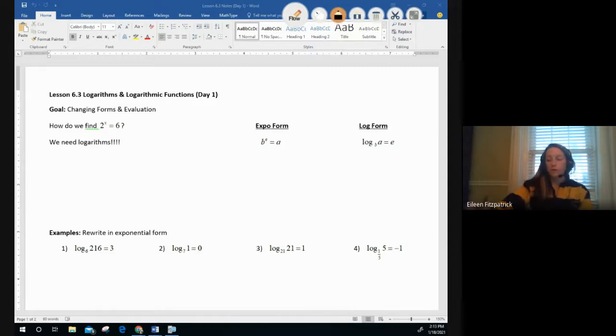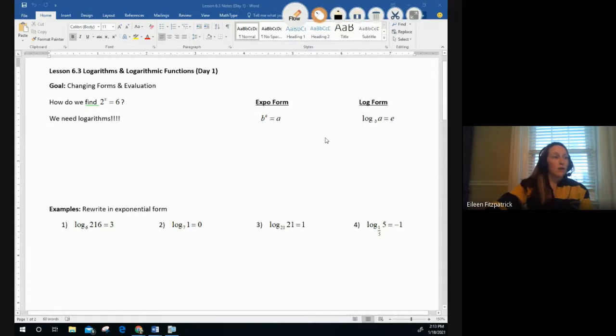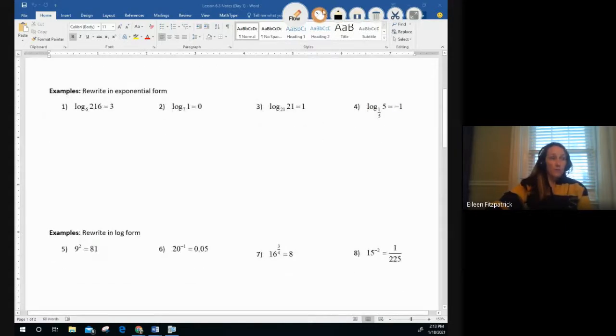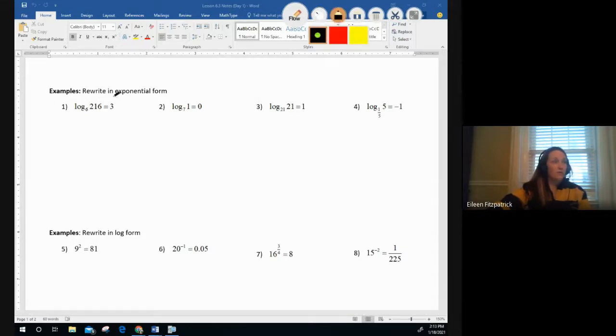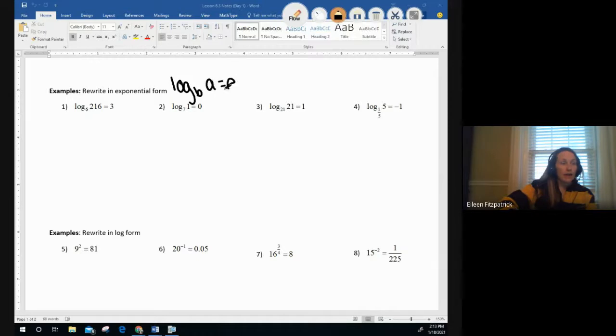So what we're going to practice today is first just rewriting from exponential form into log form and log form into exponential form. The first one says rewrite in exponential form. So in other words, we want to go from log bacon and eggs, that's what we're given, and we want to rewrite that as base raised to an exponent equals the answer.